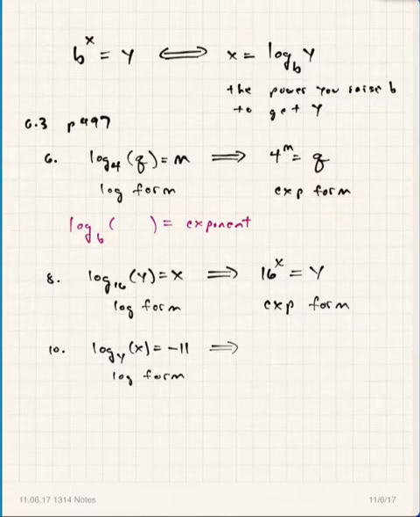For the corresponding exponential form, the base on the exponential expression would be y, and this is y to some power equals something. Remember, the exponent should be what the logarithm is equal to. In this problem, the logarithm is equal to negative 11, so this is y to the negative 11 power is equal to x. That's our corresponding exponential form.